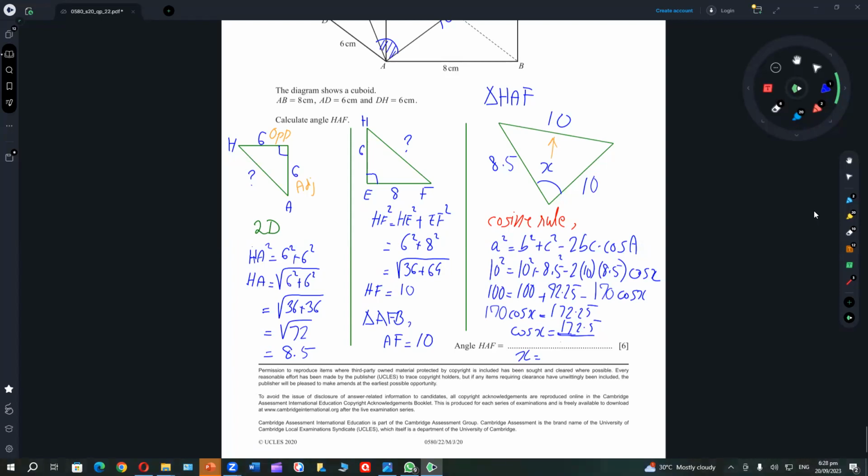Still something is wrong. What is the square of 8.5? 72.25.